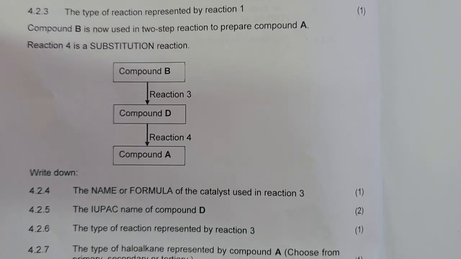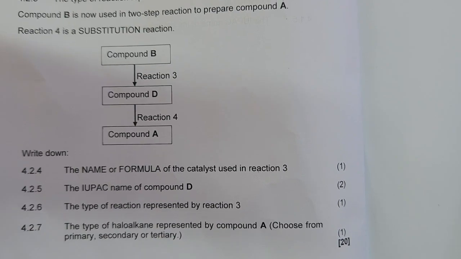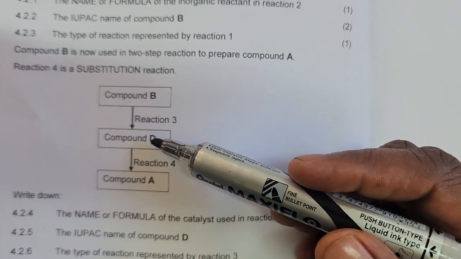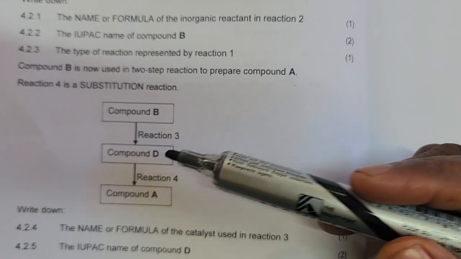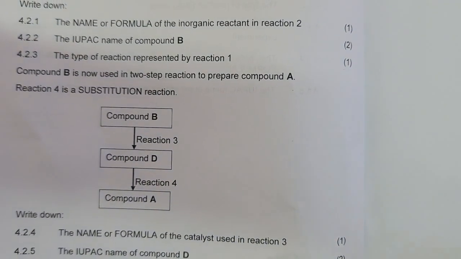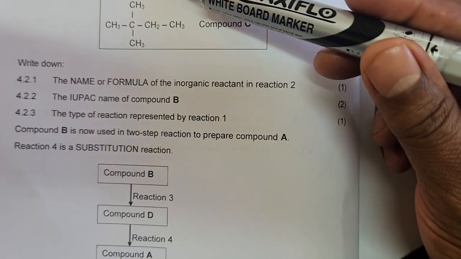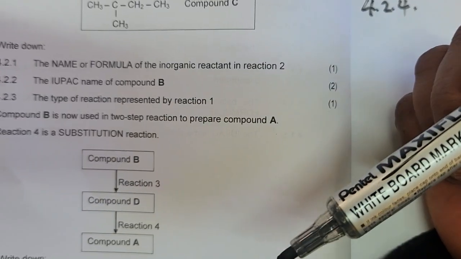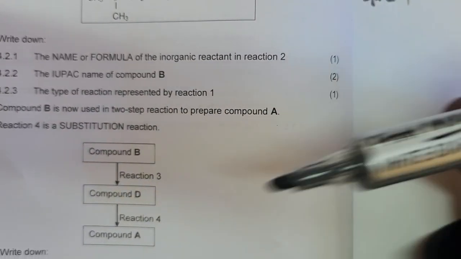Fine. Now they say write down the name or formula of the catalyst used in reaction 3. So if you move from an alkene and then come to D, the reaction that might happen here will be a hydration. Why hydration? Because I've already got hydrohalogenation. It's out. C cannot be an alkane, and this cannot be a haloalkane. So the best will be alcohol.